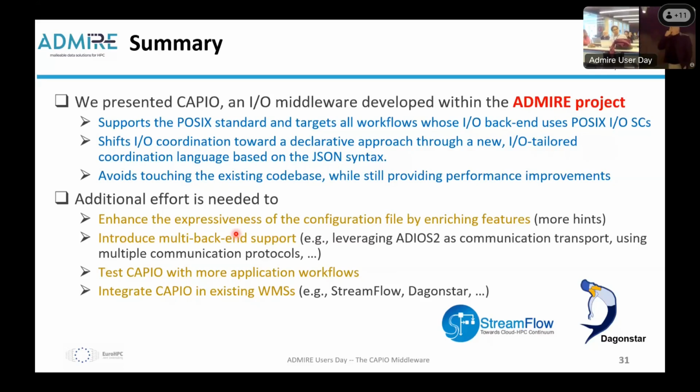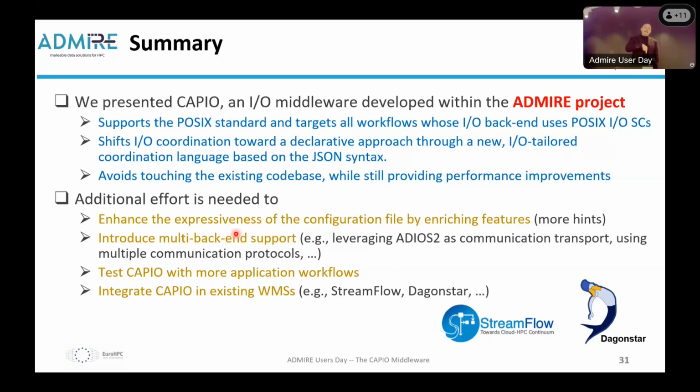There are many more things to do, as you can imagine. For sure, first, develop more applications, more workflows. One point that could be really interesting, and we want to do this, is to introduce multiple backends. For example, why not use ADIOS, not at the application level, but as a backend of CAPIO?